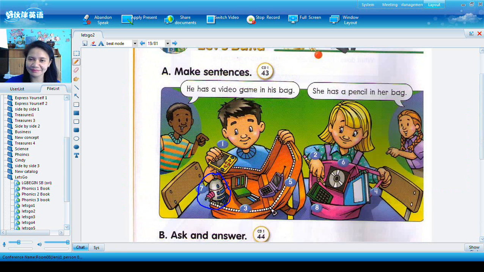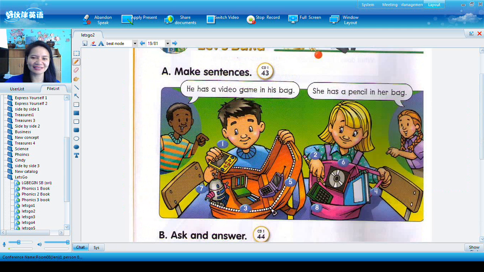You'll say, he has a robot. Good job. Now let's have this one. What does he have? You'll say, he has a cell phone. What does he have? He has a cell phone.